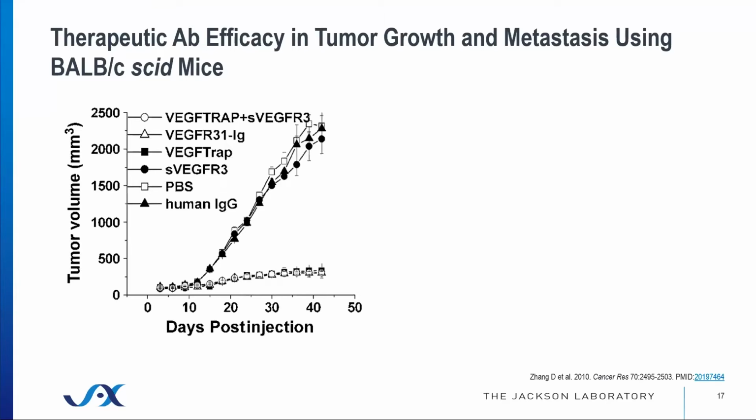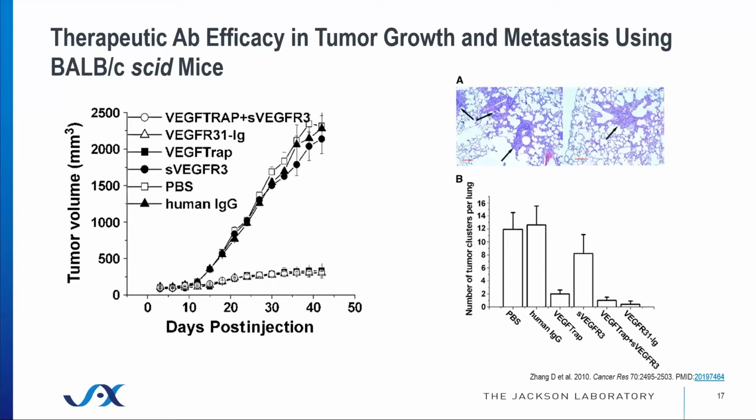The VEGFR31 Ig effectively suppresses the HCCLM3 tumor growth in the BALB/scid mice. This antibody also inhibited metastasis of the tumor to the lungs. You see the reduced lung tumors here, which are also described graphically below that. The arrows indicate metastatic foci.